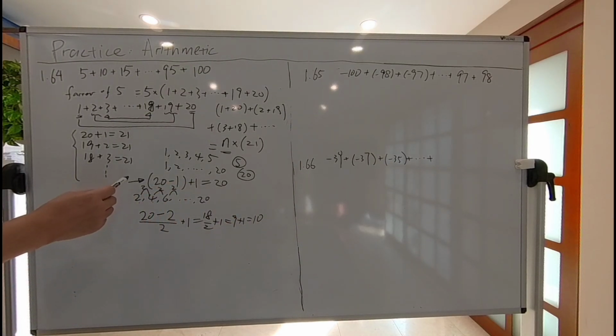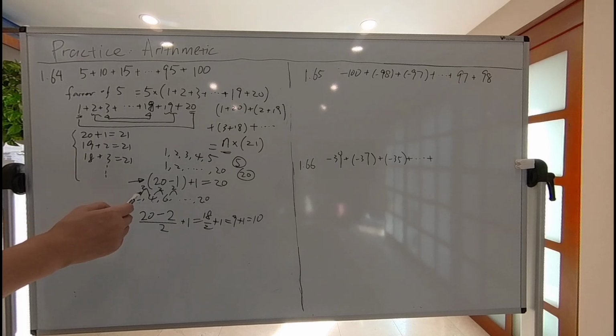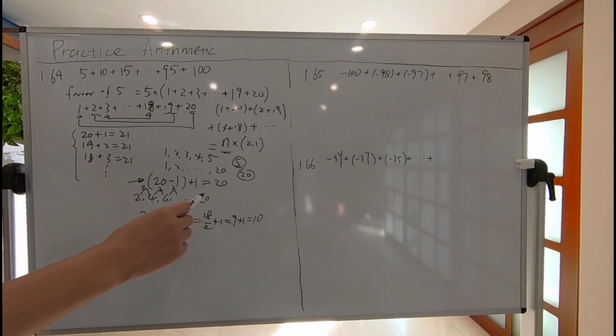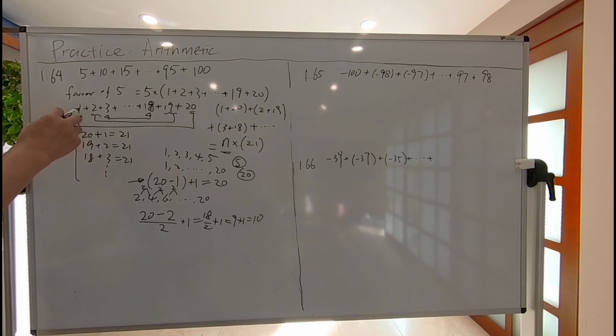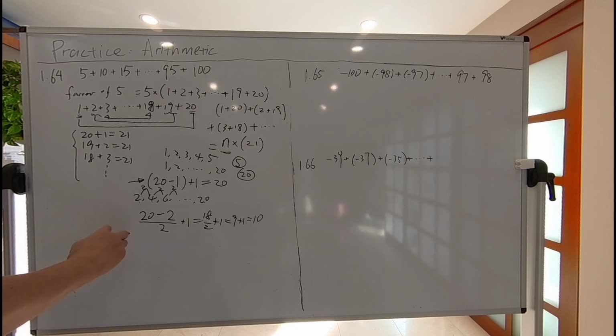So here I'm going to spend more time on this question, and we'll go quicker in the next few questions later. So you had better memorize the conclusion on how to count how many numbers come from a series of numbers.